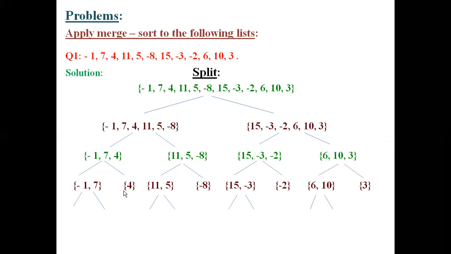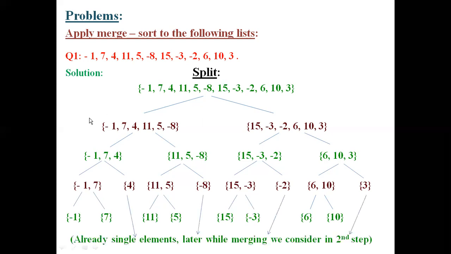So we retain them as they are in the previous step. So minus 1, 7 is split into single elements, 11, 5 is split, 15, minus 3 is split, and then 6, 10 is split. This is how we split the elements, dividing into exactly half.